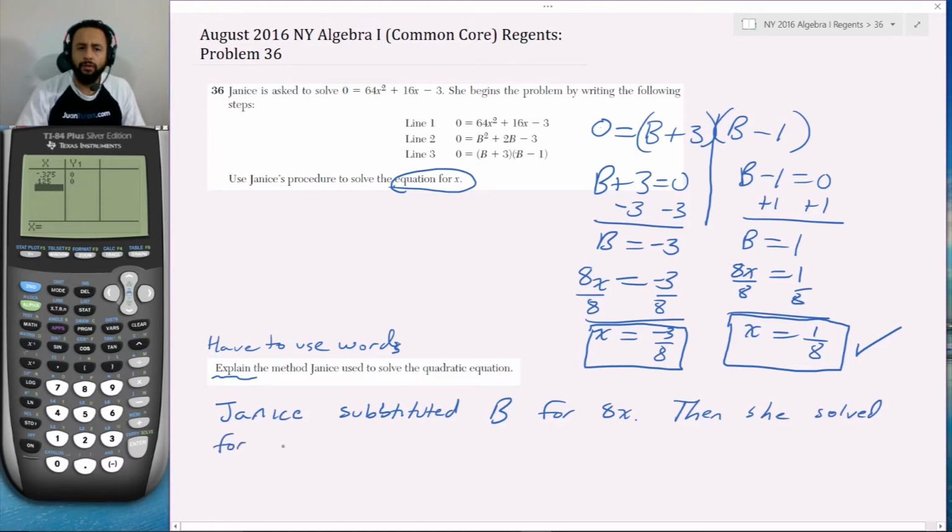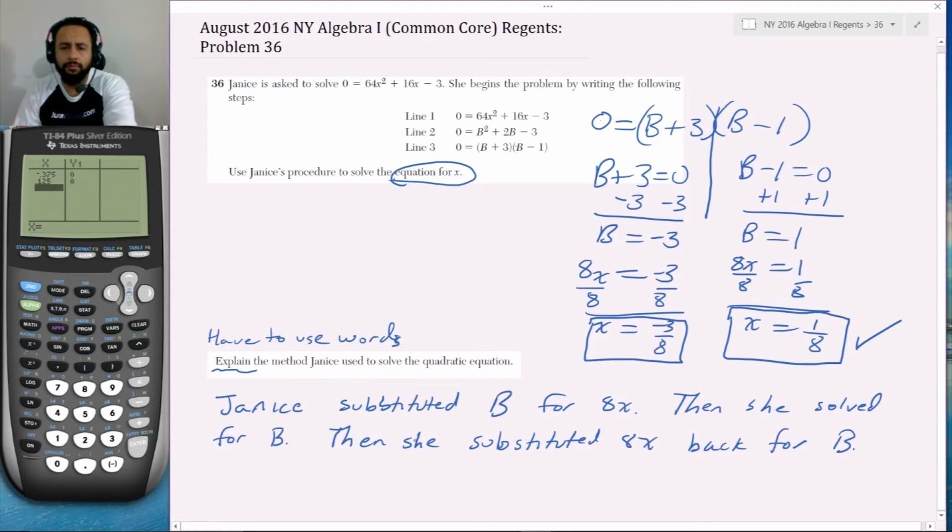Then she substituted back 8x for b. Okay? And then she solved for x.